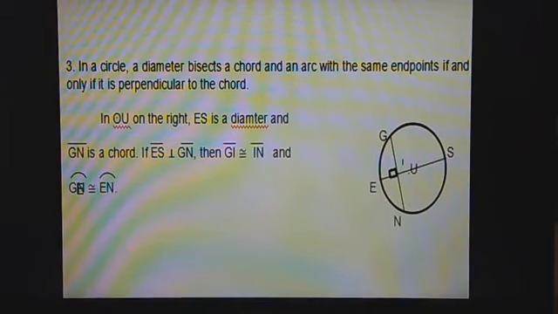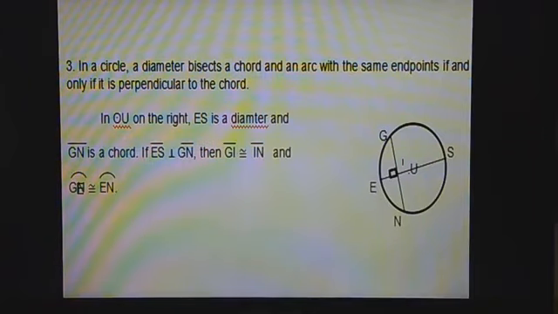So if it forms a perpendicular line, we can say that line segment GI is congruent to line segment IN, and arc GE is congruent to arc EN, since the diameter bisects the chord, meaning it forms a perpendicular line.